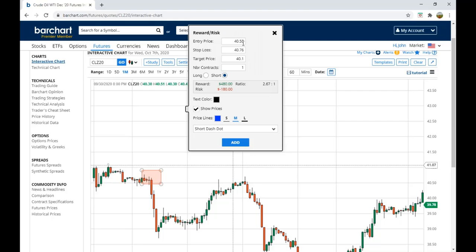So for instance, here, my entry of 40.58, I might only have to adjust this a few ticks, and crude oil is penny ticks. Let's adjust this 3 ticks. Notice how now my risk reward goes to 3.4, right? So I just made a minor adjustment to get to that 3-to-1 on that trade.